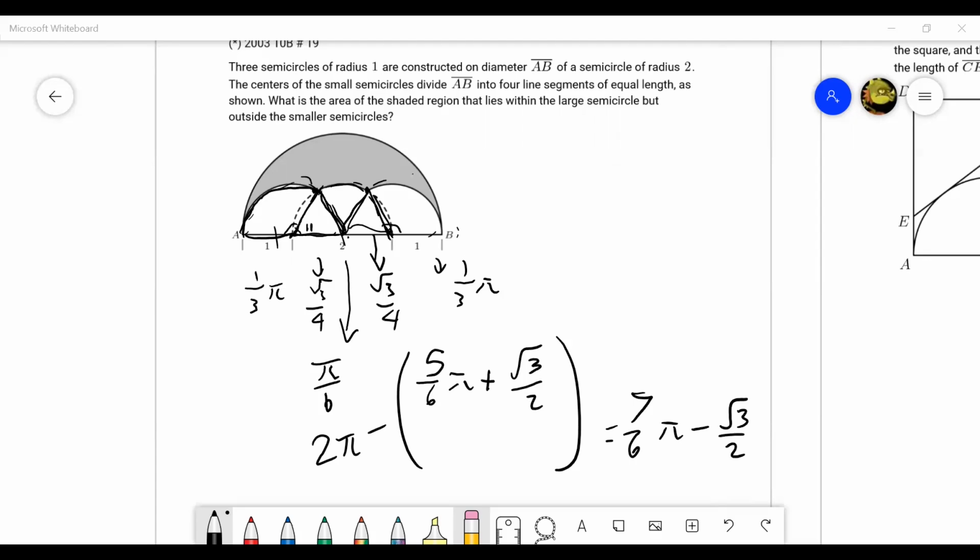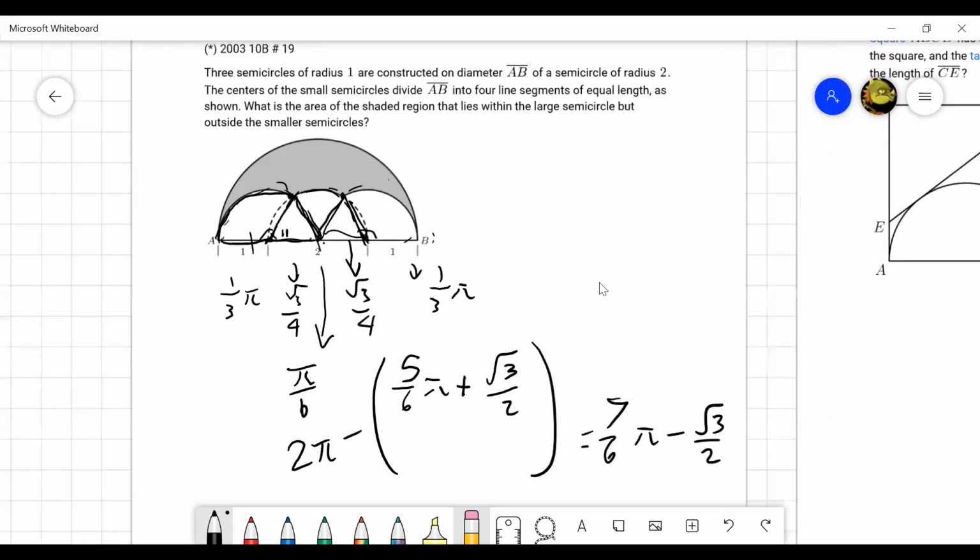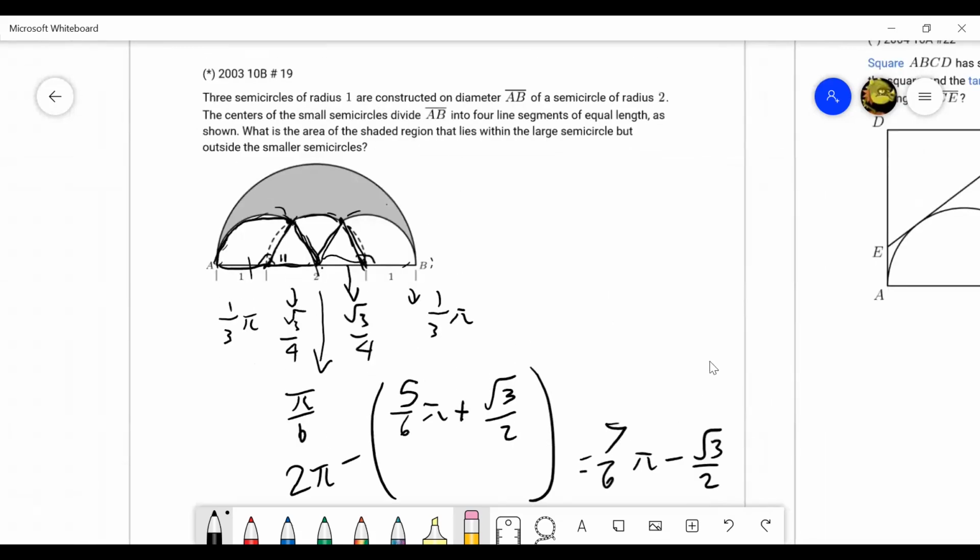And if you do have any trouble with these problems later, you can always look them up on AOPS as well. But I do like answering questions. Yes, that is the link to the problem.